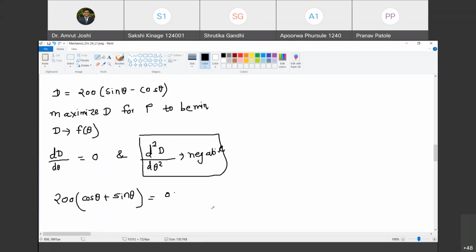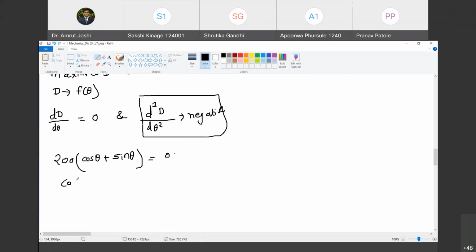So cos theta must be equal to negative of sin theta, that is, minus sin theta. Divide both the sides by cos theta. You get 1 is equal to minus tan theta.